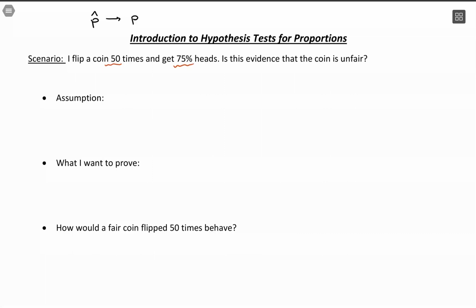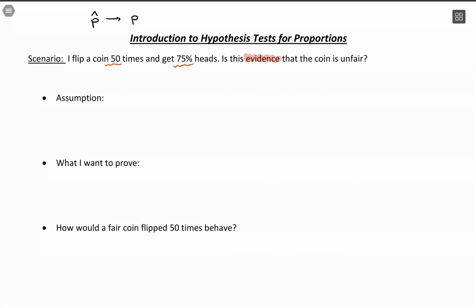Now, is it impossible? No. But it might make me wonder, is my coin unfair? Is my coin weighted to show heads significantly more than 50% of the time? So we want to see, is this evidence that the coin is unfair or showing heads more than 50% of the time?